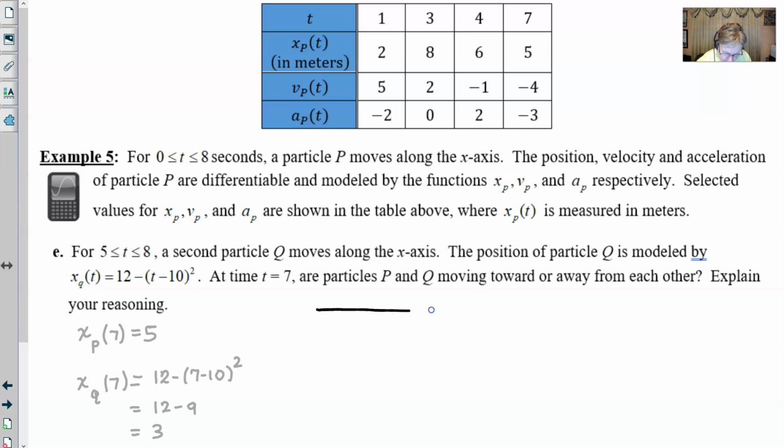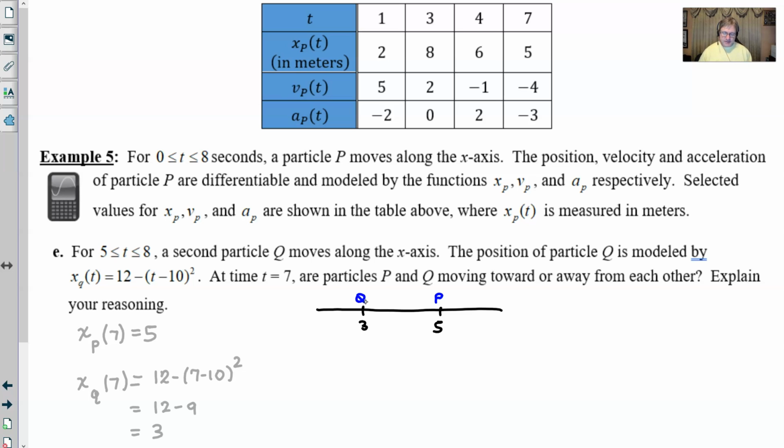Okay, now what's happening here? Well, if I have a number line and I know that here's 3 and here's 5, all I know is that particle P is right here and particle Q is right there at time 7. But that doesn't tell me how they're moving. In order to establish if they're moving towards or away from each other, I'm going to have to figure out what their directions are.